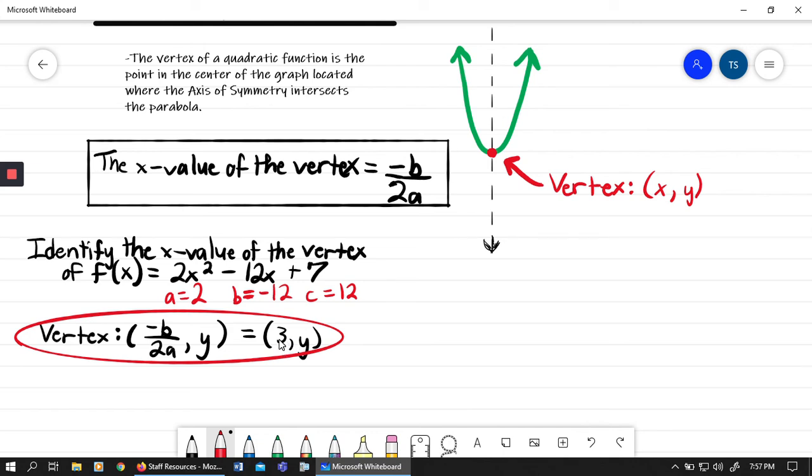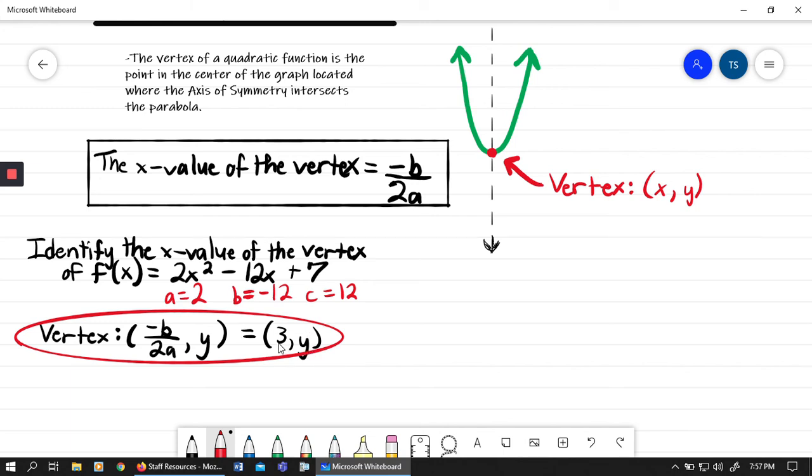All right, so the x value of the vertex is 3, and remember, folks, that we can find the y value here. We've done evaluating functions, so if you want to evaluate this function and find out what the function value, or the y value, is at this particular x value, you can do that.